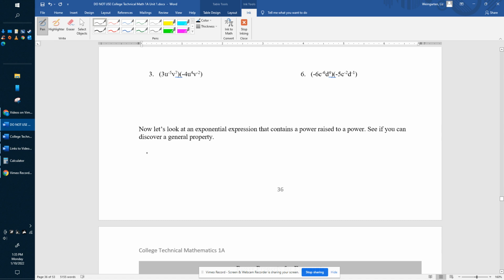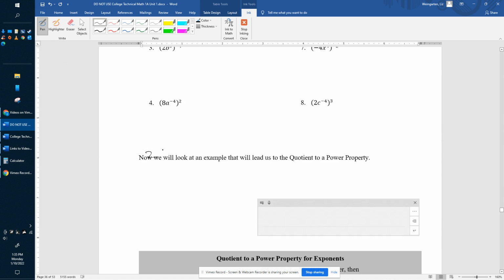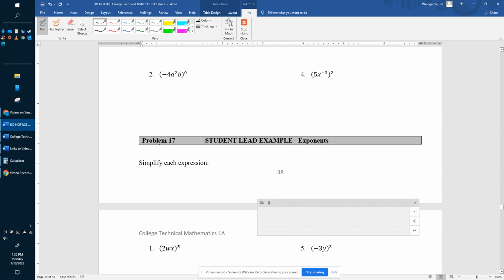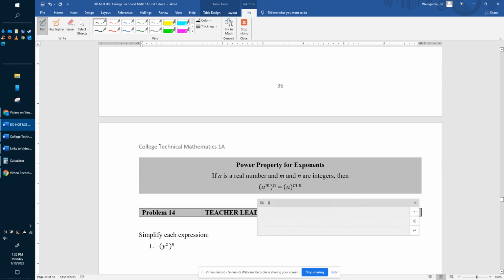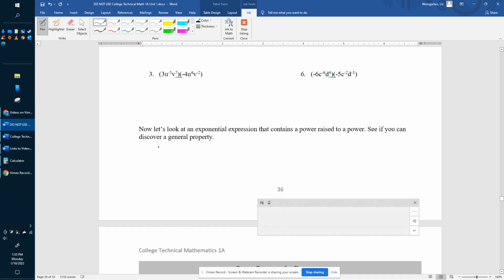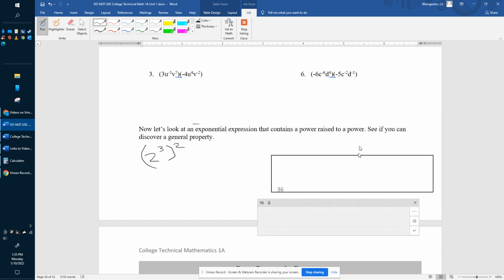So let's say that we have 2 cubed squared. What does that mean?